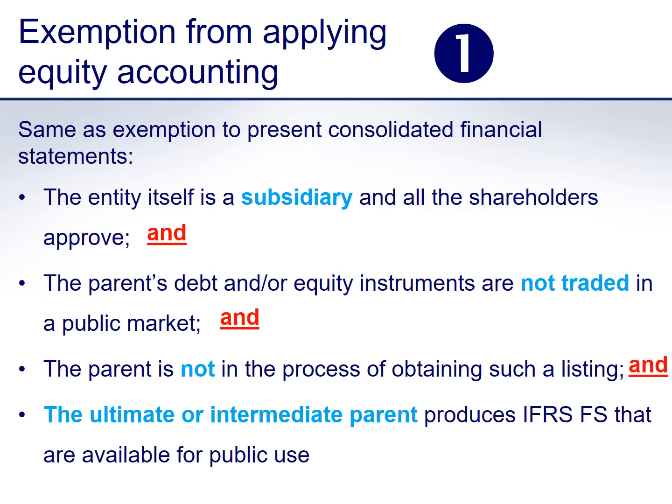Like IFRS 10, there are some exemptions from having to apply equity accounting. The rule of thumb says if I've got significant influence in an associate or joint control of a joint venture, I must apply equity accounting.